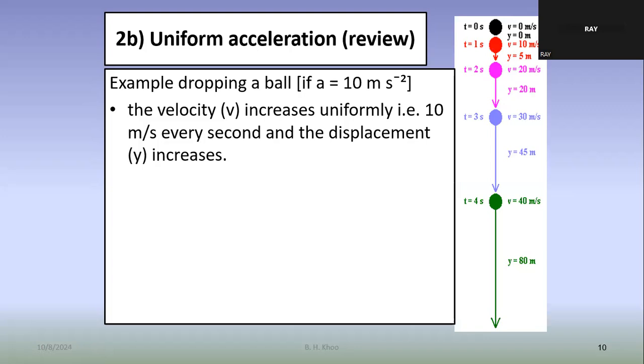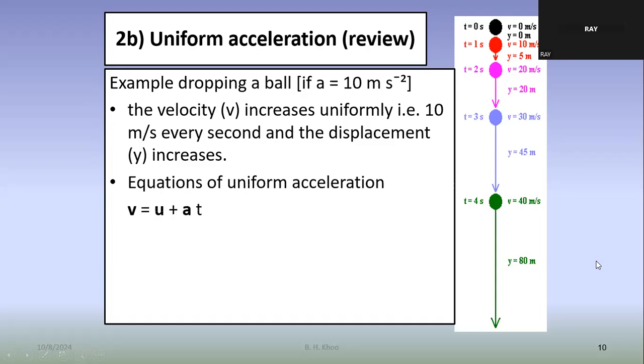After 1 second, 10 meters per second. After another 1 second, 10 plus 10 is 20. After another second, 20 plus 10 is 30. That's what is meant by uniform acceleration. So in this part, we use our equations of uniform acceleration. Stop me if I'm going too fast.